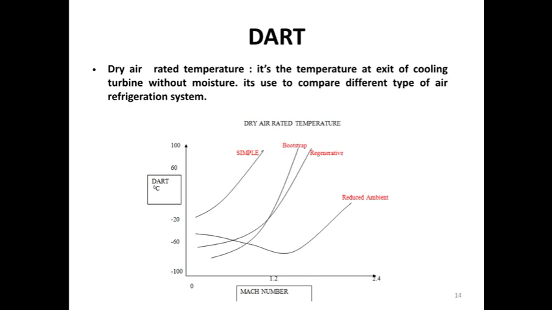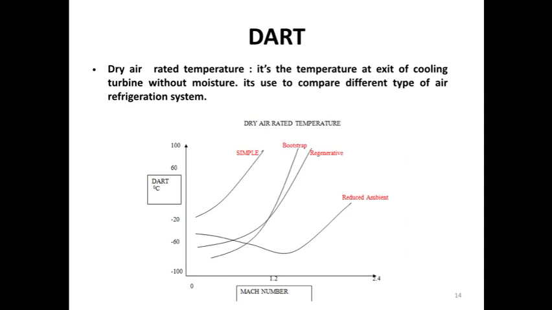In simple ground cooling, the temperature is generally minus 20 to 60 or 50. The simple system has a range to minus 22 at Mach number less than 1, you can see. Similarly, the regenerative system has much lower temperatures like minus 70 at Mach number 1.2.